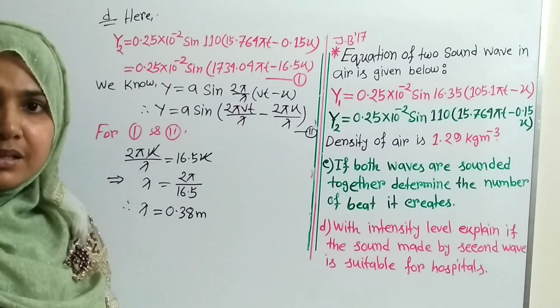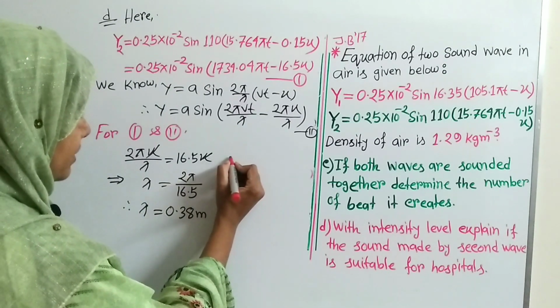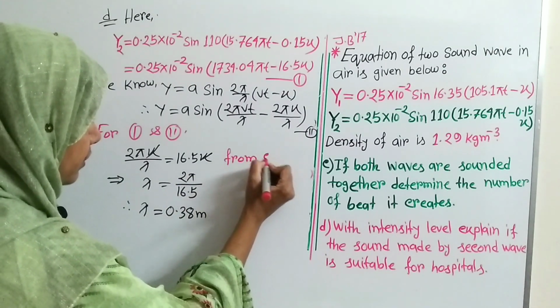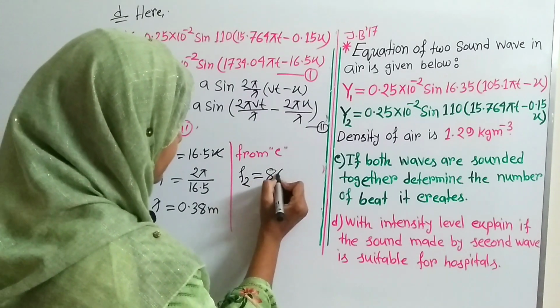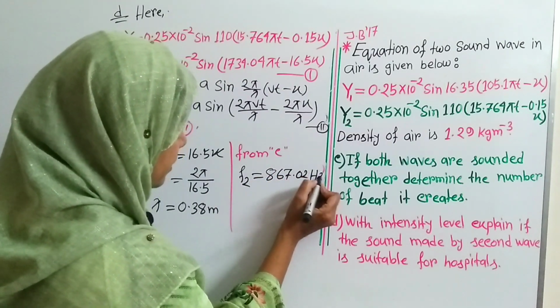And from C, we have already got the value of frequency, which is 867.02 Hertz.